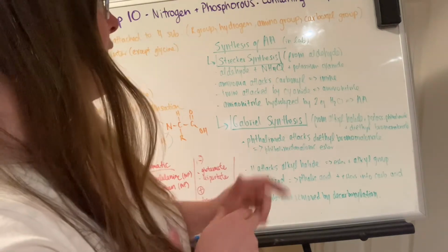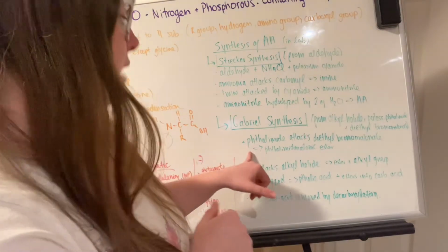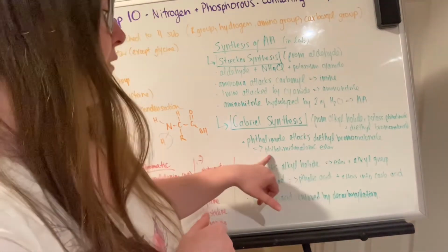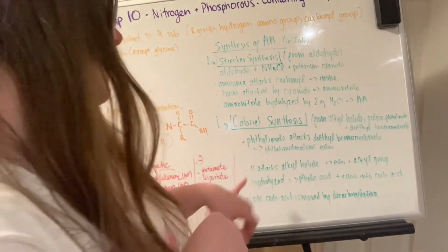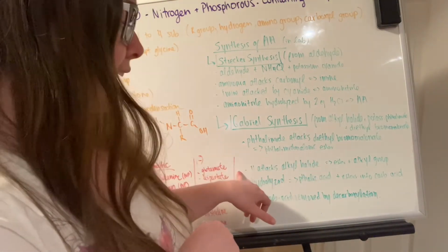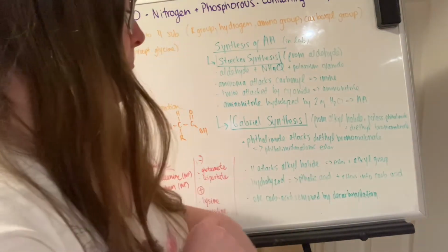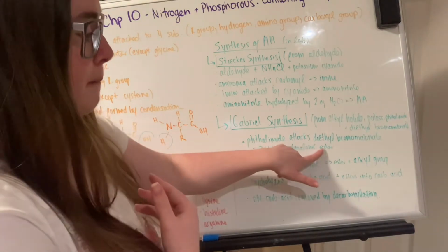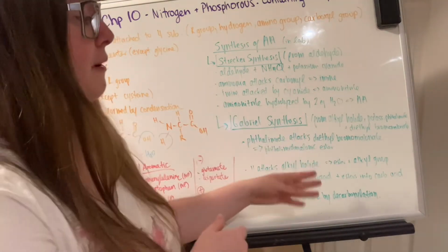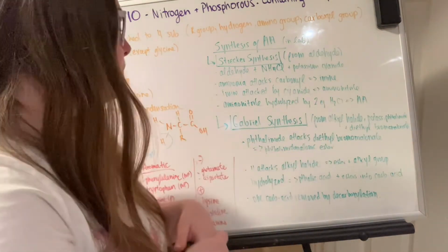We have the phthalimide attacking the diethyl bromomalonate, creating an ester, a phthalimidomalonic ester. Then that attacks the alkyl halide, creating an ester with an alkyl group. Again, I would suggest the most important part is knowing, okay, now we have an ester and alkyl group, so that if you were to see this, you could identify it.